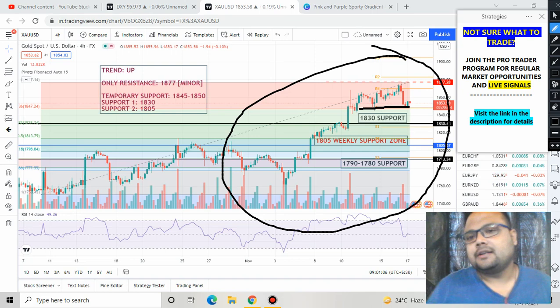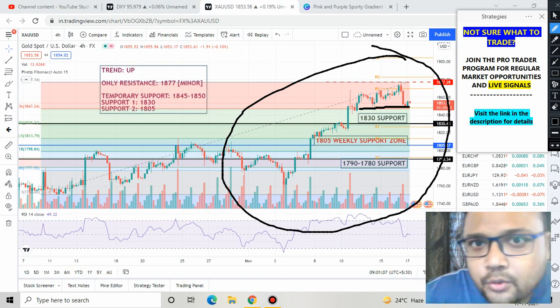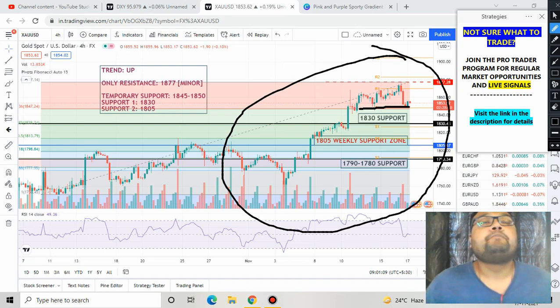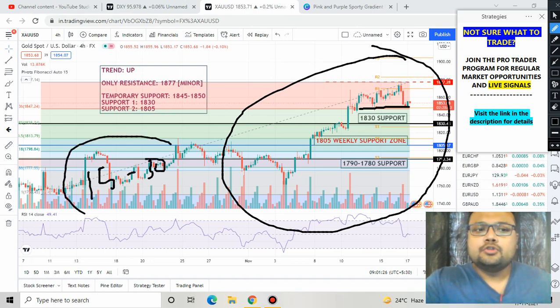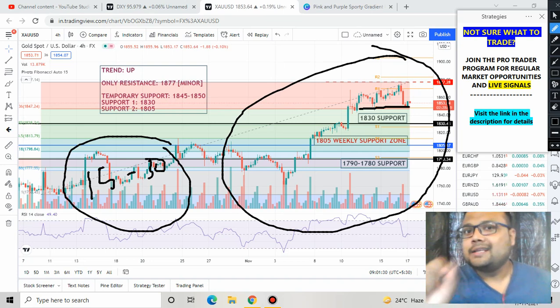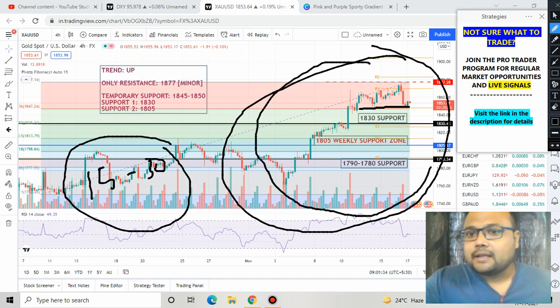So if you have a perspective for the next couple of days or weeks, or you are looking for investment purposes, you should only look for buying opportunities. And even for positional trading, a trade for 15 to 30 days, you should be looking for buying opportunities only, because the trend of the market is still towards the upside.